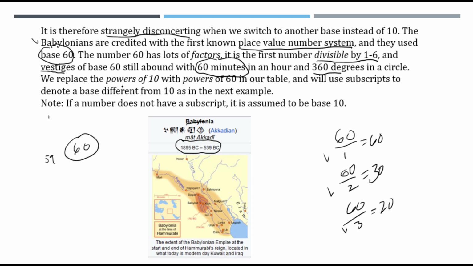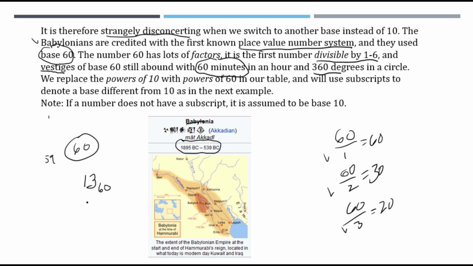So we just replace the powers of 10 with the powers of 60 in our table. That's what we're going to do. And we use subscripts to denote a different base from 10. If we're going to use base 60, we use a subscript of 60.